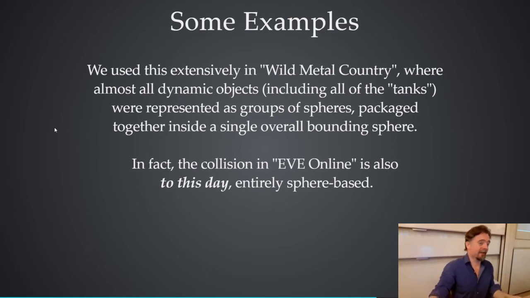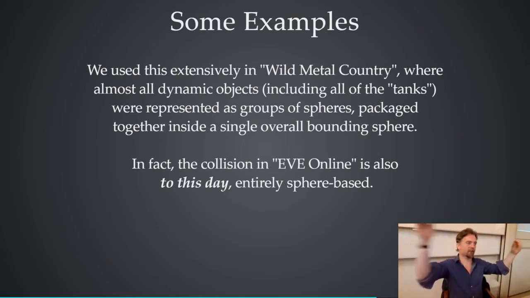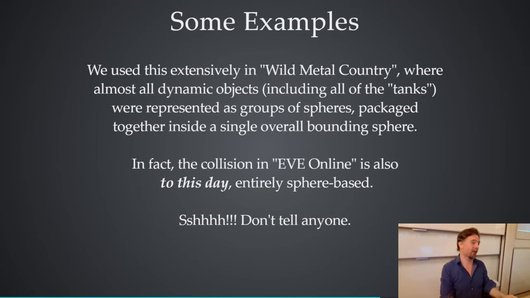In fact, this is what EVE Online does as well. The spaceships in EVE Online, even though a lot of them are very obviously angular and squarish and long and thin, are all done with spheres. For the extremely long ones, it again uses the trick of a bounding sphere that catches the whole thing. But if you go inside the bounding sphere, there are maybe four or five spheres along a line that represents the shape of the thing. It's all sphere-based rather than cuboid-based in the way you would maybe expect, which I think is a little bit embarrassing.